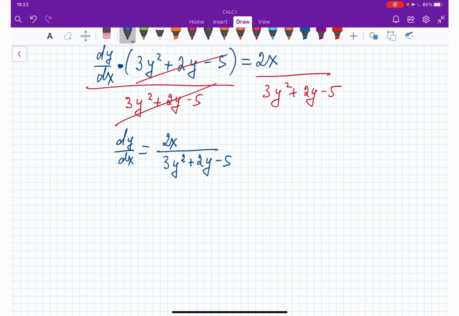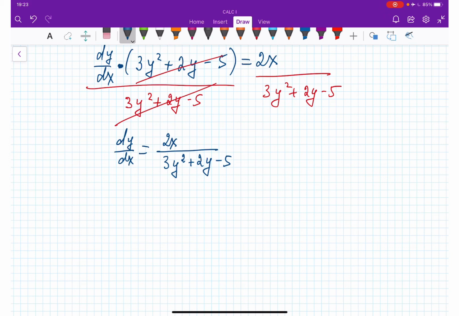Okay. I have mentioned a couple of times in my previous videos that taking a derivative, the first derivative, is identifying the slope, and slope is also how we identify velocity. So let's find the slope of the equation implicitly represented by x and y.